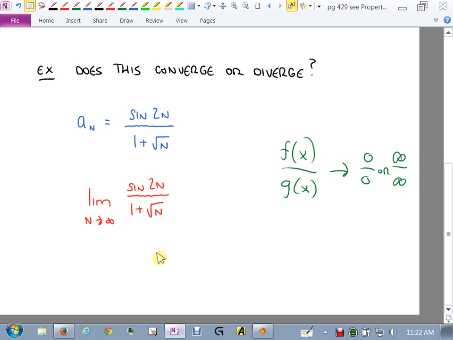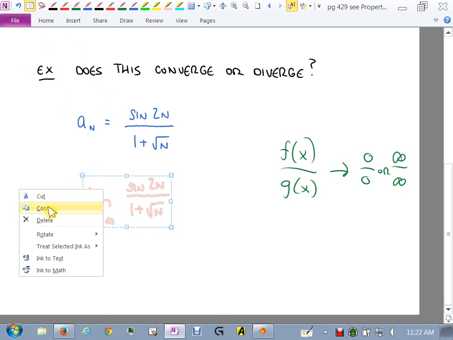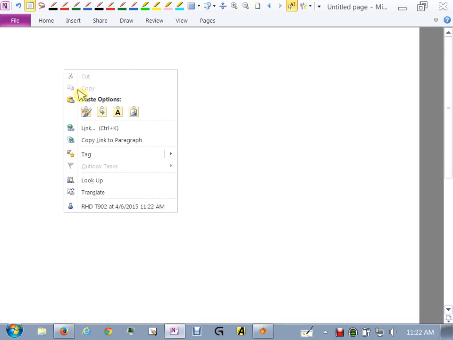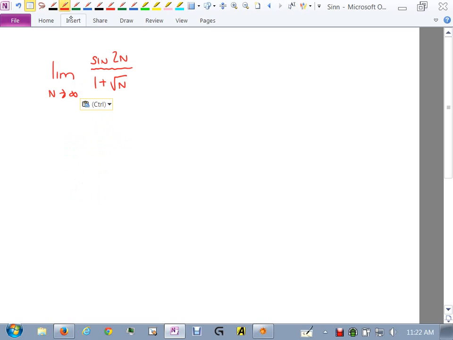Let me try and do this. If I'm going to use the squeeze theorem, I need to somehow get sine of 2n over 1 plus root n squeezed between two things for all n greater than or equal to n naught.